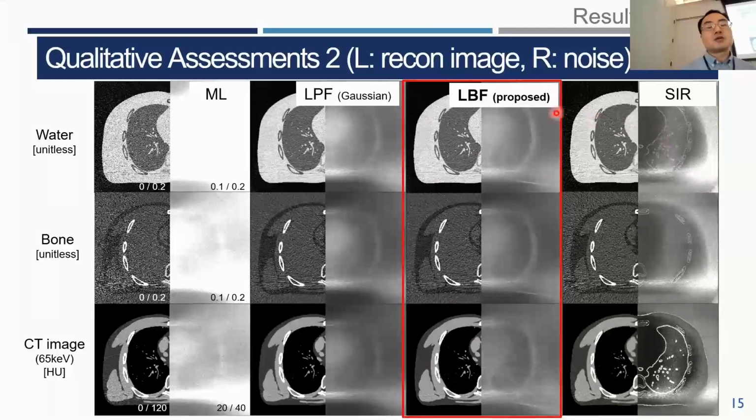Please note that all the images have a similar noise level at the lung around here. So similar, but it's very large. And the bone is, yes, the corresponding bone image is similar. And look at the CT image, it has strong noise around tissue boundaries. Maybe it's because the regularization is applied in the image domain, right? But yeah, the sinogram domain is better.